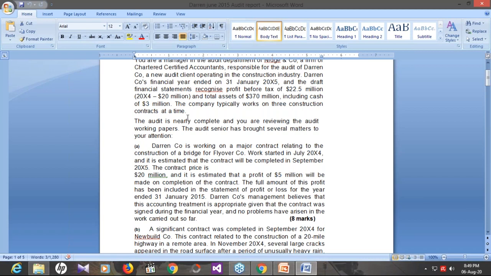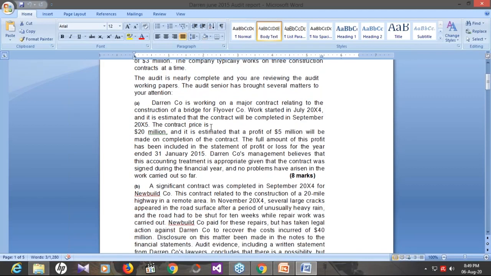So let's come back to the data. The contract price is 20 million and it is estimated that a profit of 5 million will be made on the completion of the contract. So it is estimated that the company will receive a profit of 5 million when they complete that project of 20 million. The full amount of this profit has been included in the statement of profit or loss for the year ended 31st January 2015.